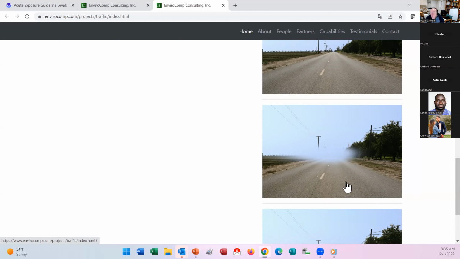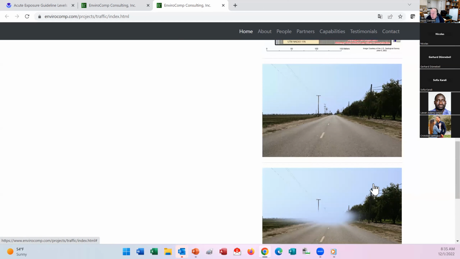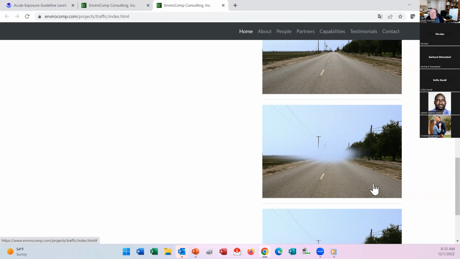So it's a lot of work, but the results were quite believable and applicable to this case. We have created an artificial, a synthetic plume representing, more or less, with some uncertainties, the visual impact of the driver passing through this cloud.